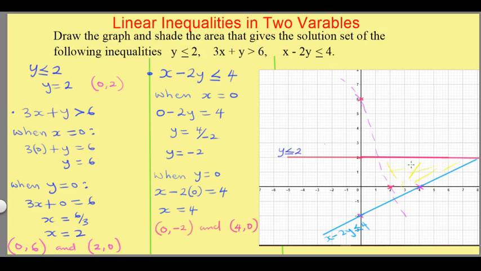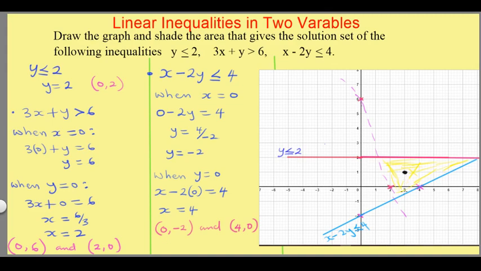Any value you pick in this region will satisfy the three inequalities. To test this, let's pick any value at this region. Let's say I pick this point.